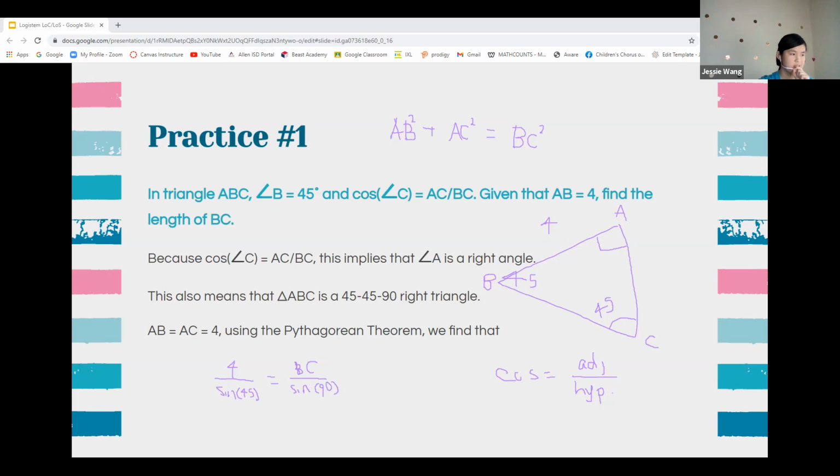I think in this case, the easiest thing to do would probably just be using the Pythagorean theorem, since it's very straightforward. And so, yes, the answers in the chat are right. BC is equal to 4 square root 2.